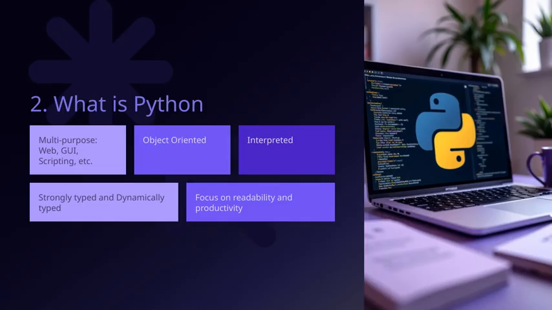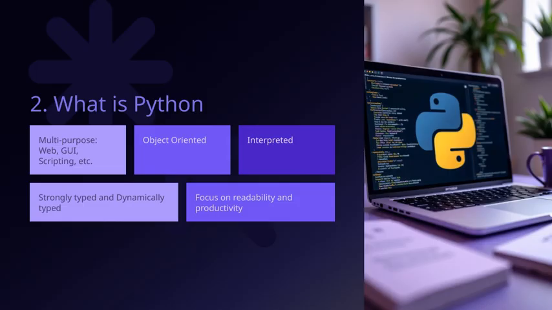That might sound a bit technical, but essentially it means that Python is strict about data types when needed, but it also figures things out on the fly, making coding faster and more flexible. It's also an object-oriented language, which means it organizes code into objects. Think of these as real-world entities with properties and behaviors. This approach helps keep your code clean and manageable, especially as projects grow larger.